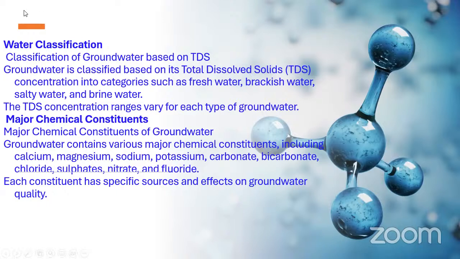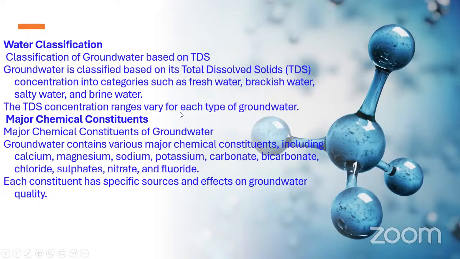Based on these standards or ranges, it is divided into fresh water, brackish water, salty water, and rainwater. You may refer to or search in your notebook for the TDS values which are permissible for drinking, agriculture and domestic usage, and the standards for industrial usage.